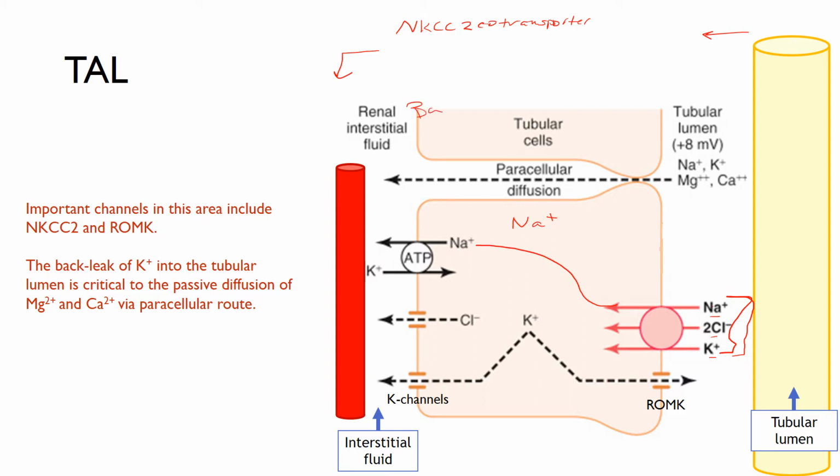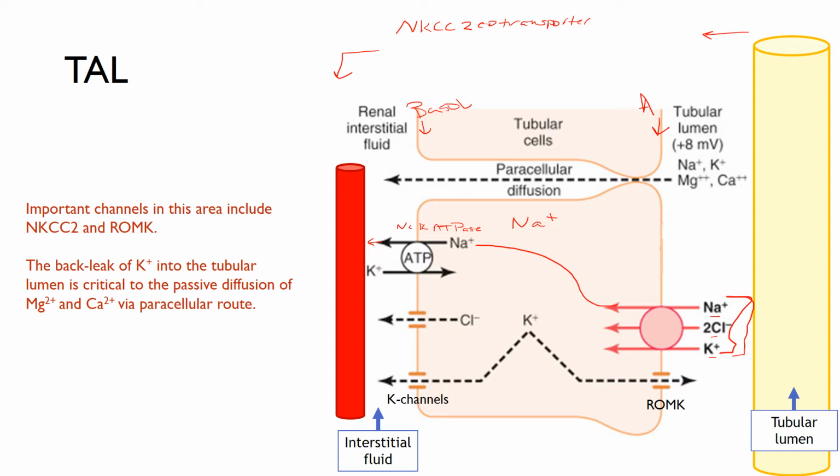Remember, this is the basolateral side on this side, and the apical side is over here on the right. It crosses the basolateral side using the sodium-potassium ATPase, which is right here. It exits the cell and then gets into the blood vasculature.